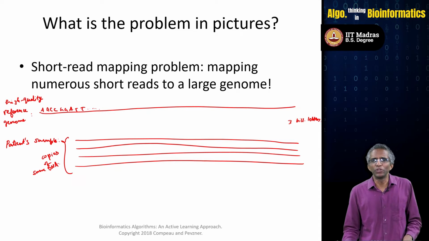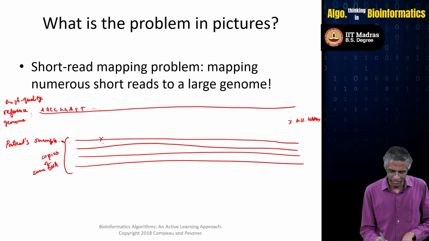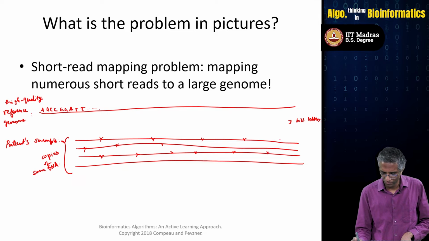right? And we know that the current sequencing technologies cannot read all the way from the whole 3 billion letters. So you randomly make some breaks in these, using certain enzymes that will break DNAs into shorter fragments.